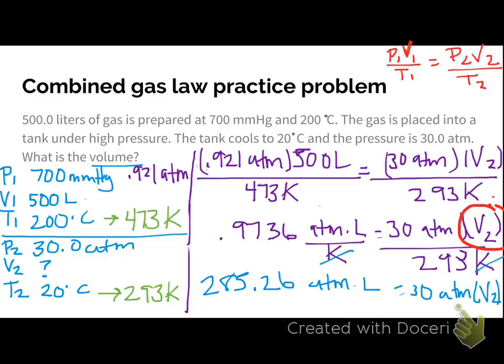Now to get my V2 alone, I'm going to have to divide by 30. Which leaves me as my V2 equals 9.51 liters, because my atmospheres canceled.